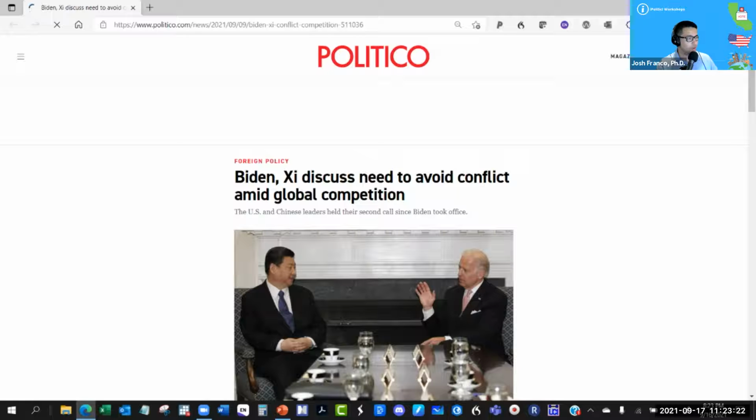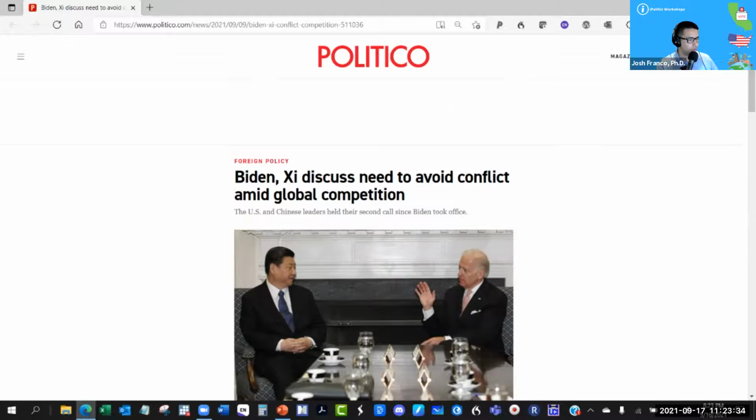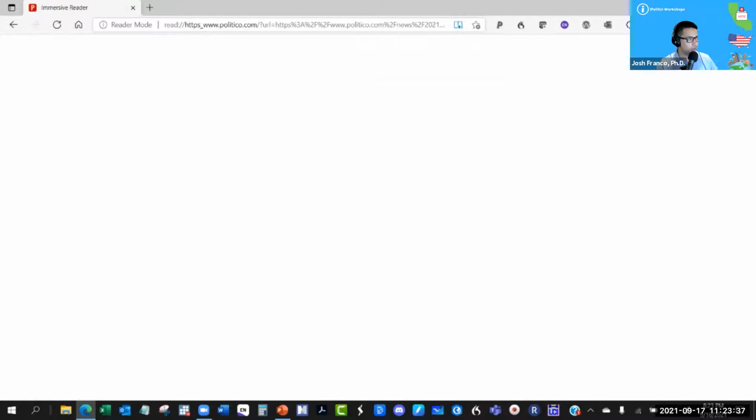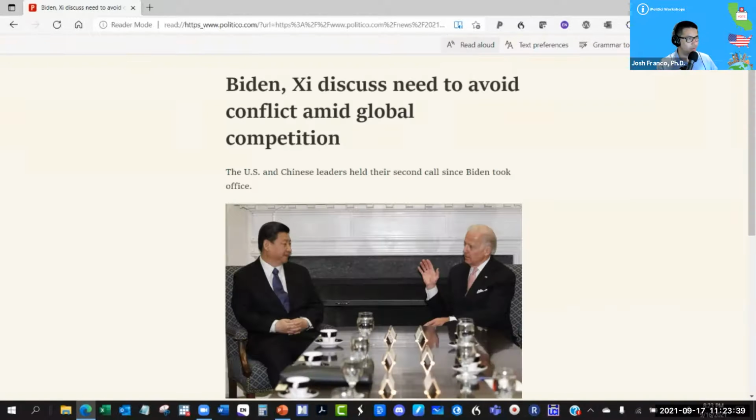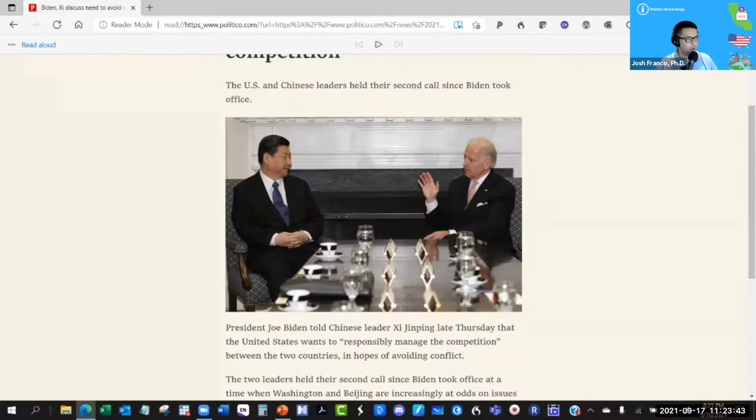Give this a moment to load. And this is a picture of both President Biden and President Xi on this. Let's go into read mode and see if it'll work now. It's not going. So I'll go ahead and read it.